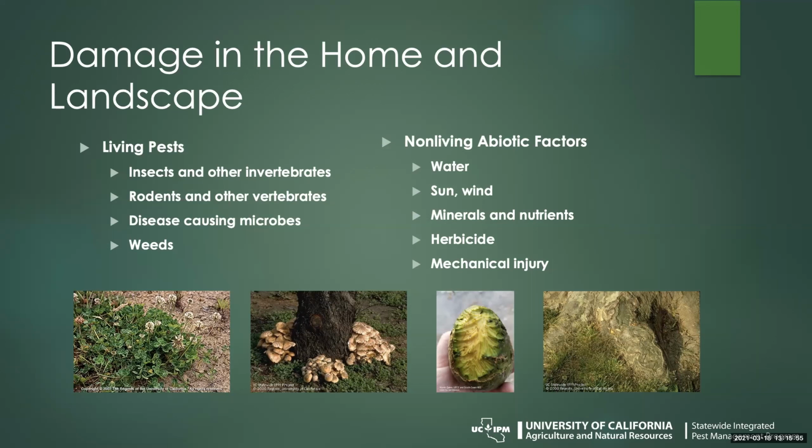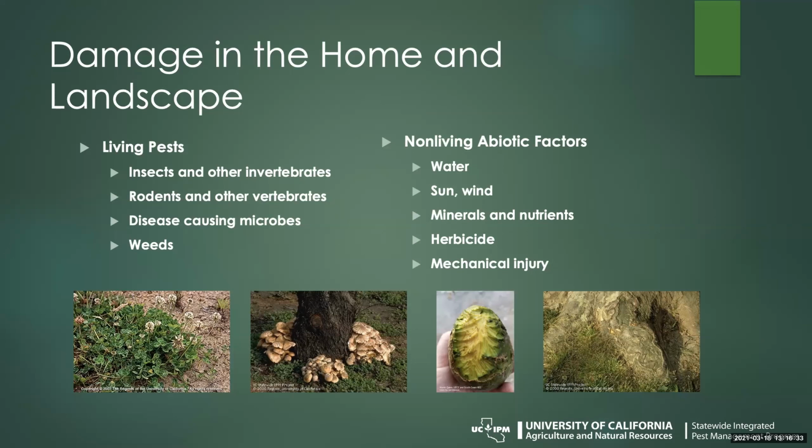I would imagine most of you are joining us from California, and so we know that California is drought prone, and especially in certain areas, and so water can be a big issue for plant health. There are areas that get hot and sunny more than others, or very windy, and sun and wind can also damage plants. We have lots of different soil components that can either be too much for certain plants to grow and thrive, or materials that are lacking in our soil.